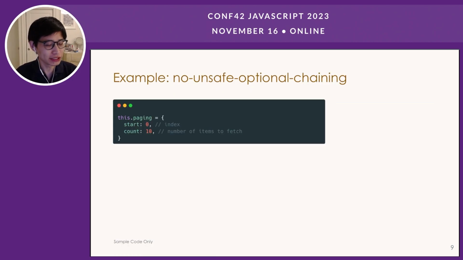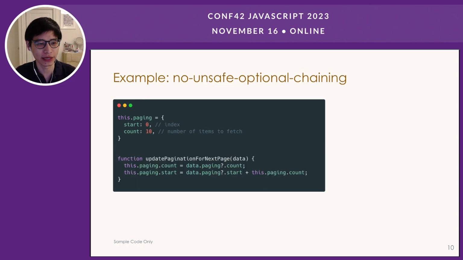But here's a very quick example of lint rules in action, where it's catching something that might not at first be super obvious, right? You have this paging object, and let's say you're updating this paging object that you get from an API, but you want to be a little bit safe. If your data doesn't come back with a paging object, then you do this optional chaining, right?